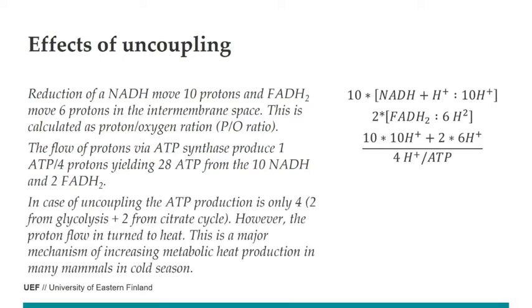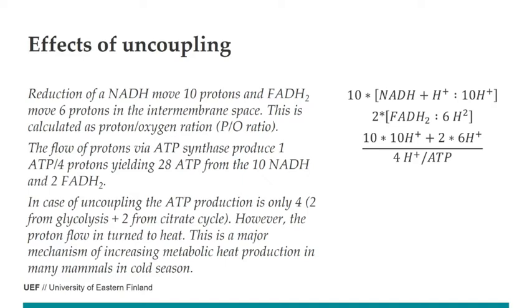And in the uncoupled cell, the ATP production happens only in glycolysis and the citrate cycle, meaning that only 4 ATP can be produced. But the good point is that the proton flow is turned to heat.